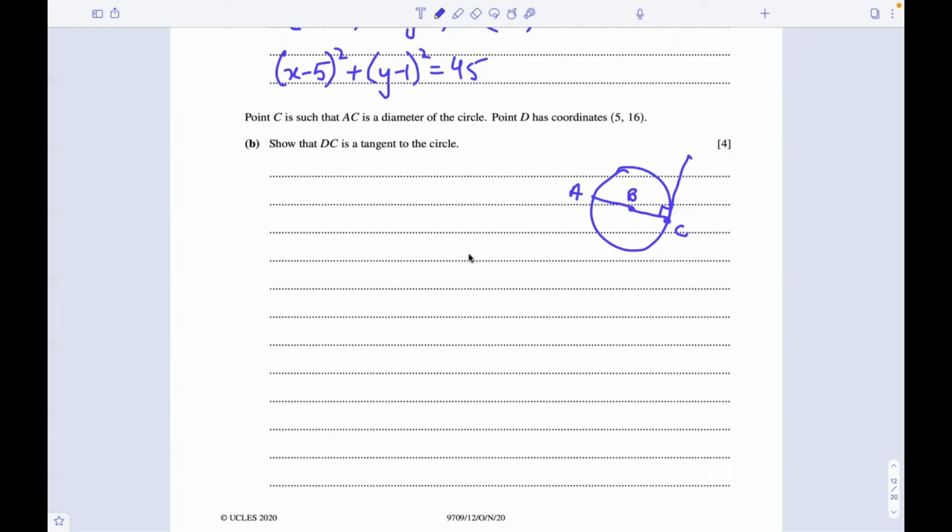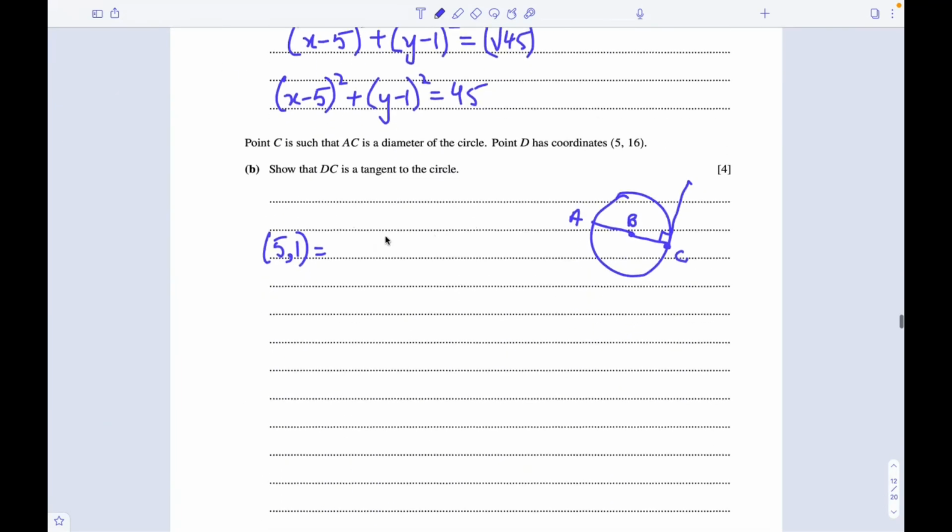So we can find the coordinates of C by using the midpoint formula. We know that the midpoint is 5, 1, the coordinates of B. The coordinates of A are given, which are minus 1 and minus 2. So we can write this as minus 1 plus x upon 2, comma, minus 2 plus y upon 2.